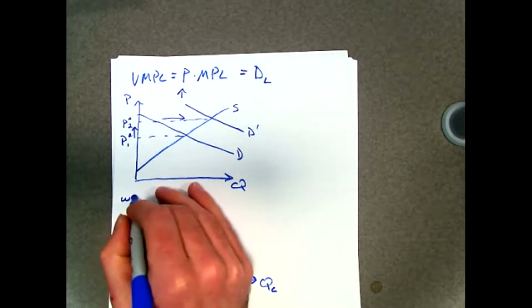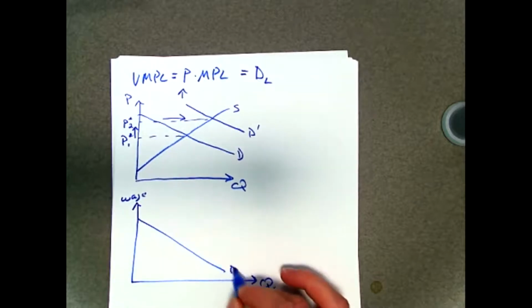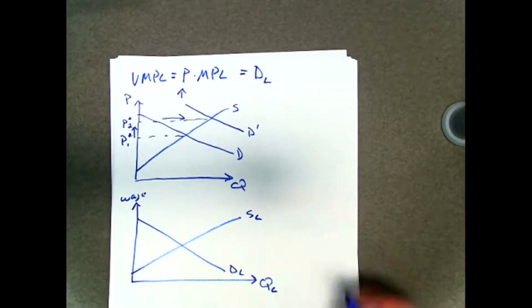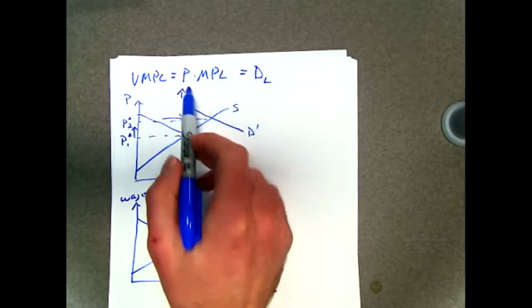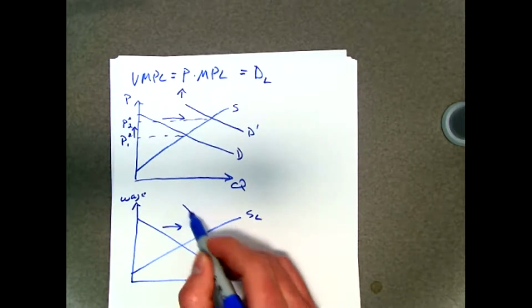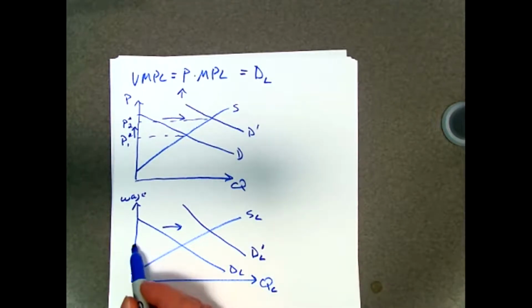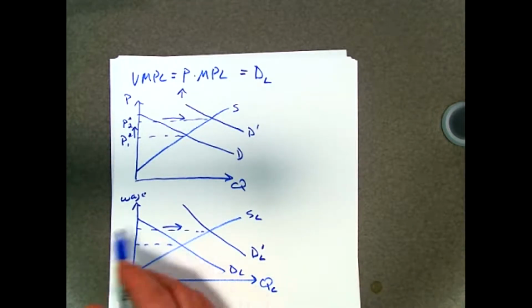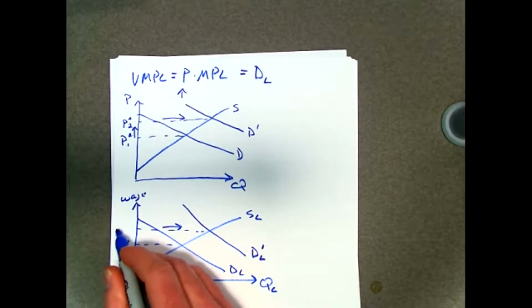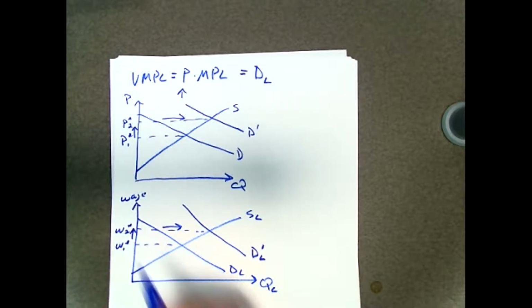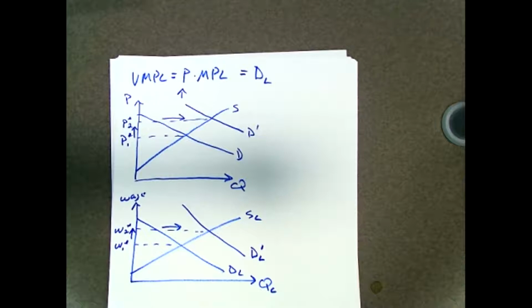Well, in the labor market, we had some demand curve for labor, some supply curve. We saw an increase in the price of the good, which increased the demand for labor, which consequently also increased the wage that we would pay that worker. Because now the products that our workers are producing are more valuable, right? So we would see this increase in the demand for labor.